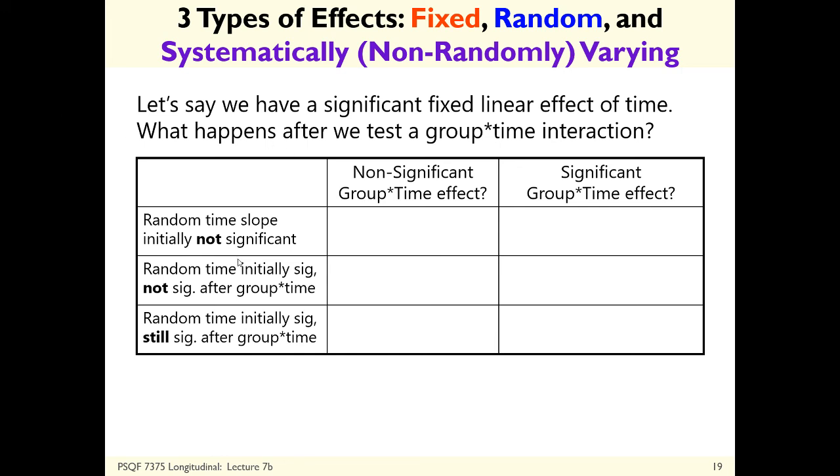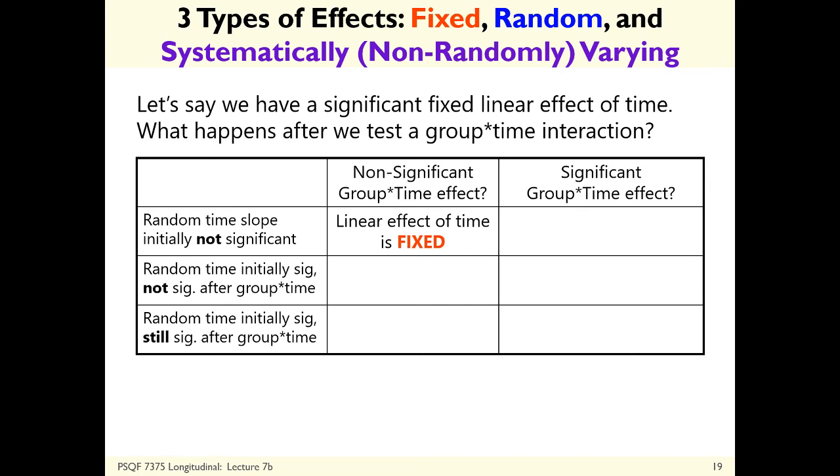So here are the situations in which you might find yourself needing to describe this phenomenon. Let's say that you initially have a random time slope that's not significant, but the hypothesis that the study was designed to test is whether groups differ and change over time. If you end up with a non-significant group by time interaction, then I would say the linear time slope is indeed fixed.